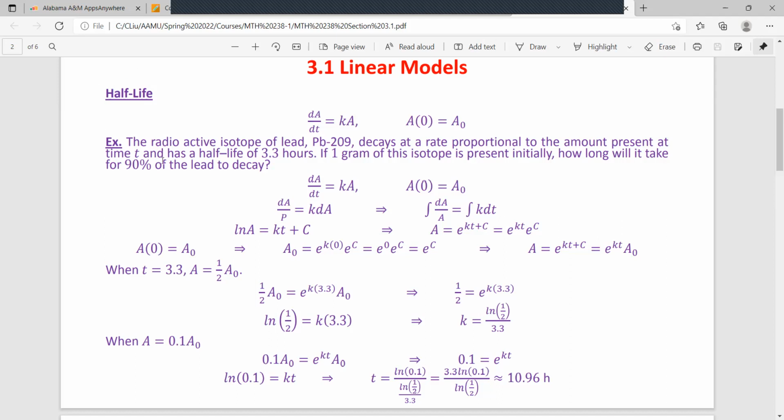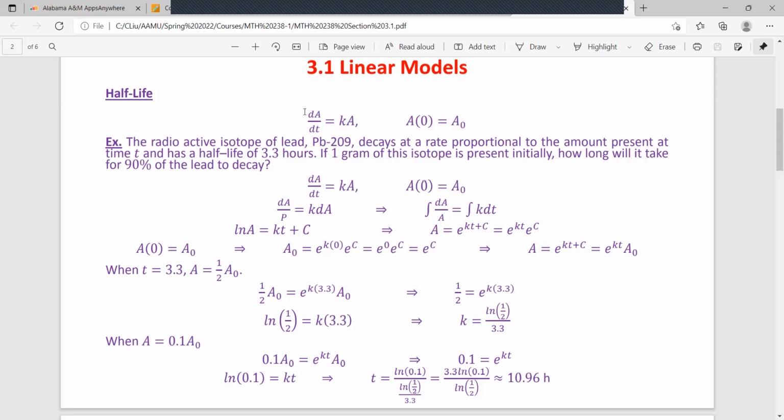Okay. So in this example, the radioactive isotope of lead, Pb209. If you go to chemistry, then this is just the element. And this lead decays at a rate proportional to the amount present at time t.